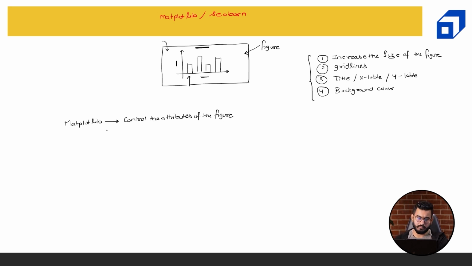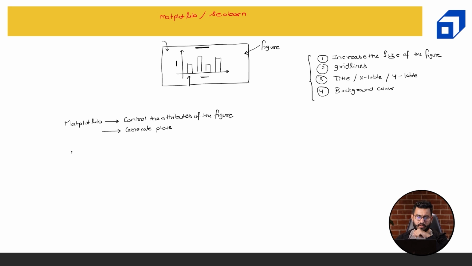Using Matplotlib, we can also generate plots. So if you want to generate a bar chart, histogram, box plot, line chart, you can do all these things using Matplotlib.